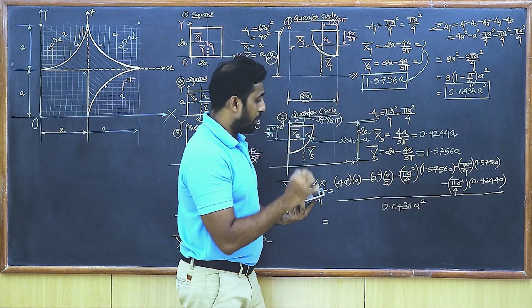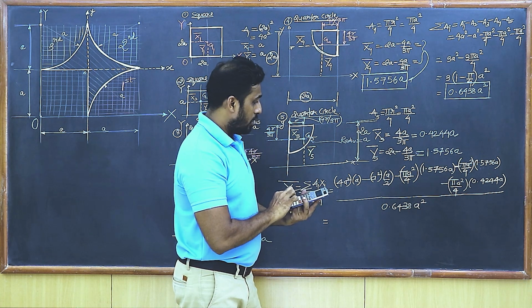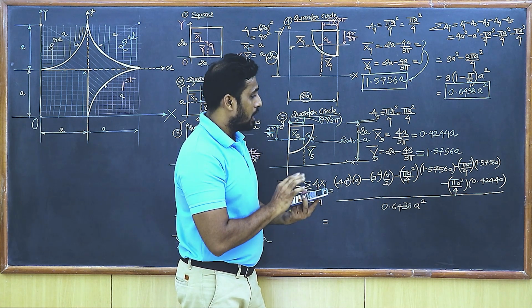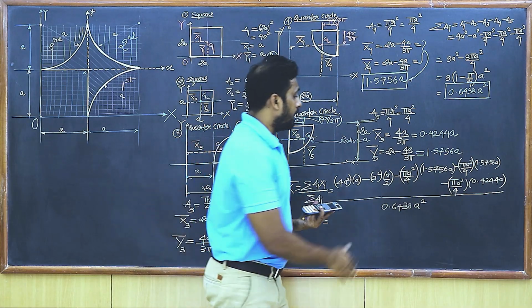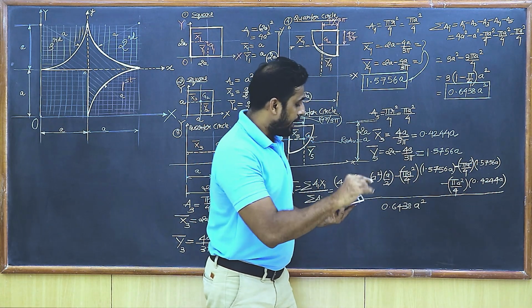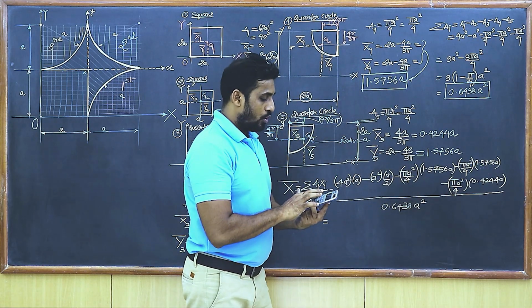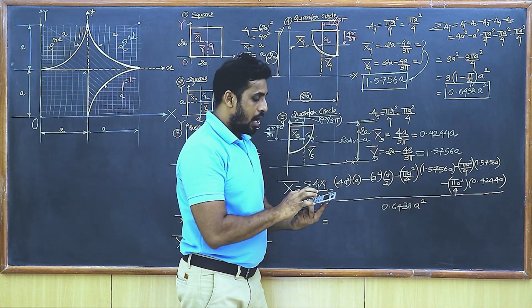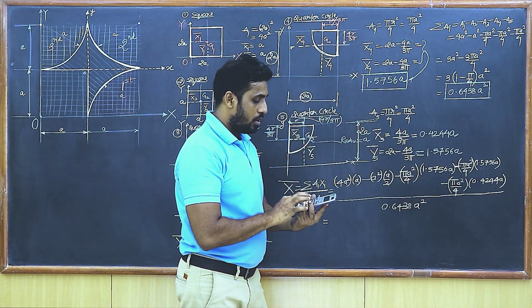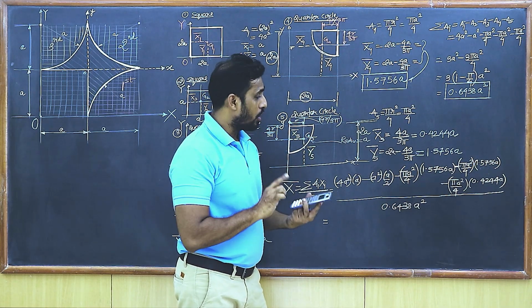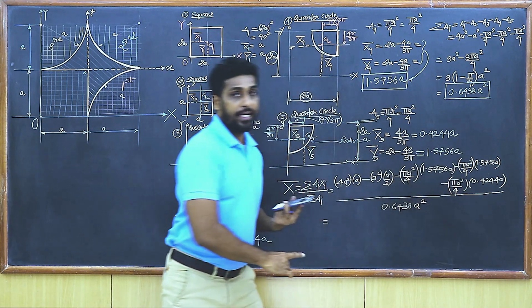So 2 into pi by 4 into 1.5756. A is completely ignored, isn't it? A cube has been taken out common. And then minus, students, the next value pi by 4 into, so I will write pi upon 4 multiplies with 0.4244. That is entire numerator, isn't it?